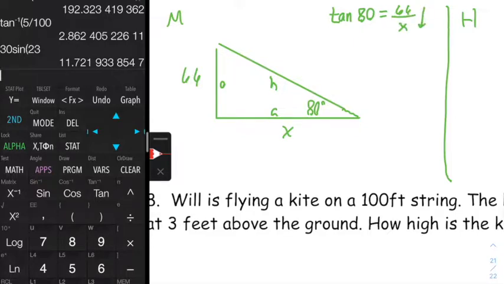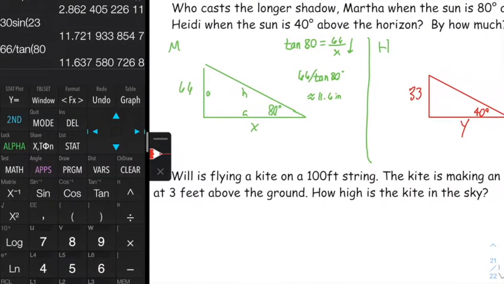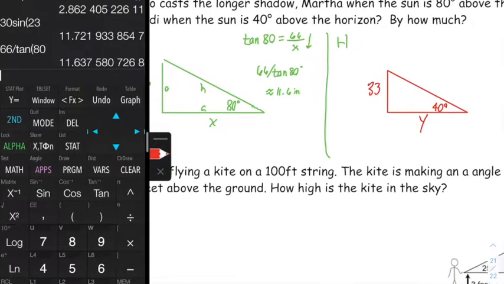After you cross multiply, you're going to get x times tangent 80 equals 66, and then you'll have to divide both sides by tangent 80, so it'll be 66 divided by tangent of 80 degrees. That comes out to approximately 11.6 inches.